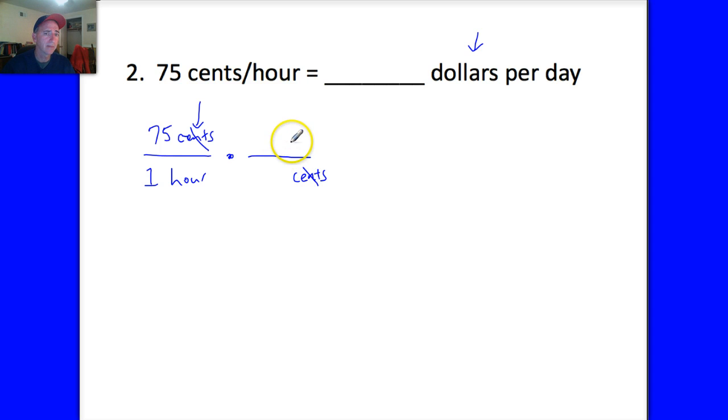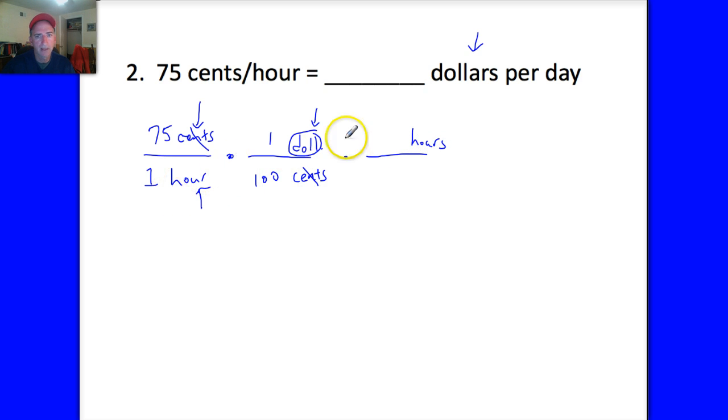But do I know how many cents make a dollar? Well, I should. I should know that 100 cents makes $1. All right, so guess what? We've got the unit there that we need as the numerator, but I have hours, so to get rid of hours, what has to go up here, right?